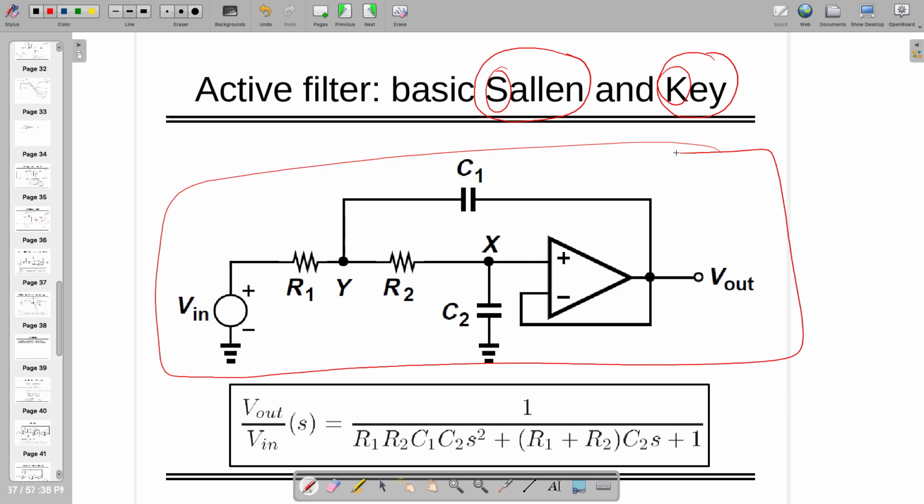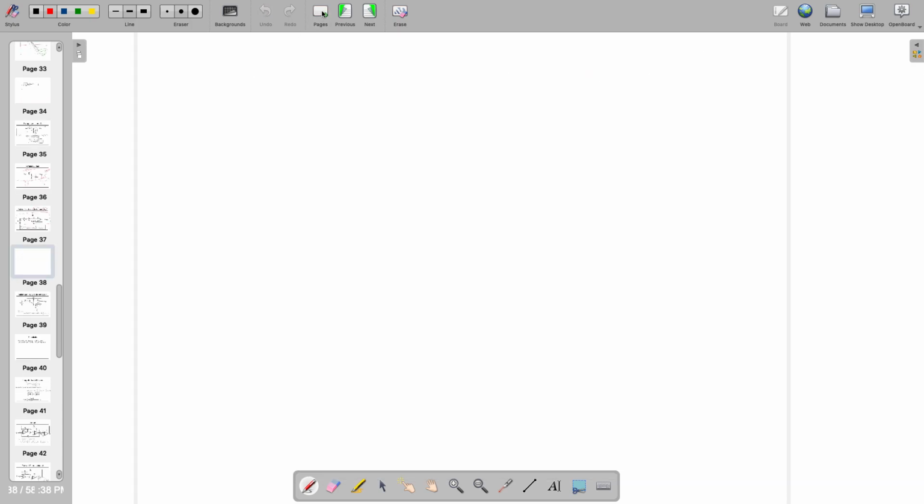The good part of this particular design is that there are two resistances and two capacitors. Look at all these people, Sallen-Key and others, if we study them, all were actually targeting the system for mobile applications, meaning they want to make things in a small chip.